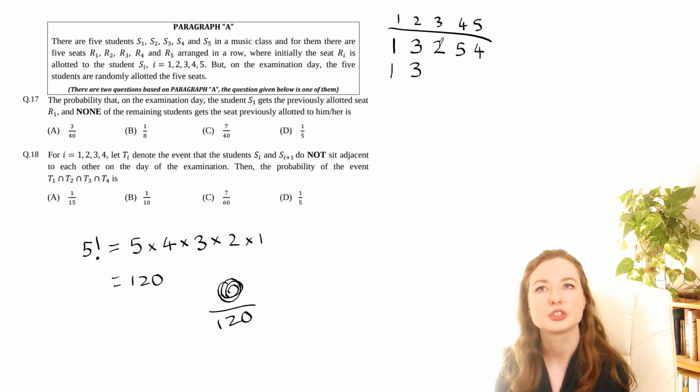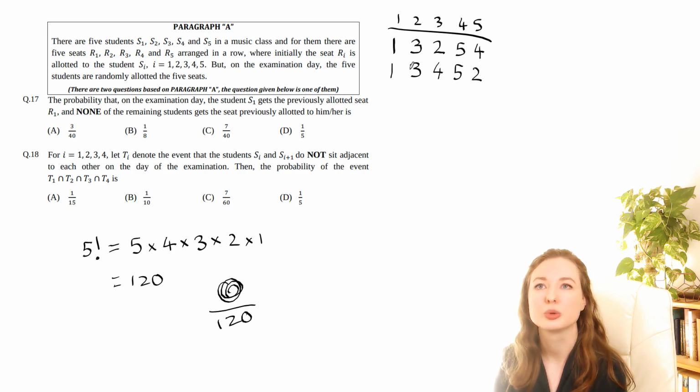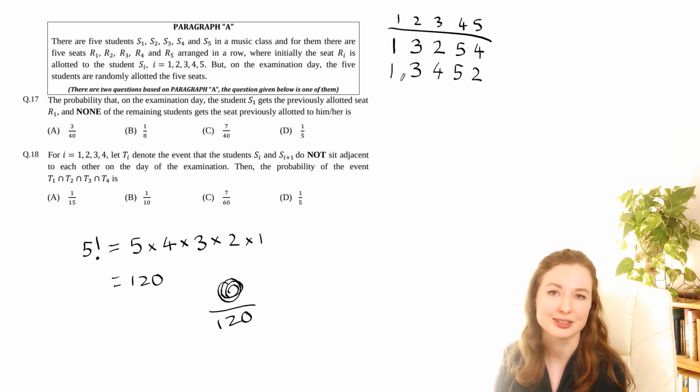Now I have to think about changing this number. 4 would be the next lowest number that I could put there. And now we've got 5 and 2. I can't do 2, 5 because then the 5 is going to be in the wrong column. So we have to do 5, 2. That's the only way to arrange them with 1, 3, 4 at the start.